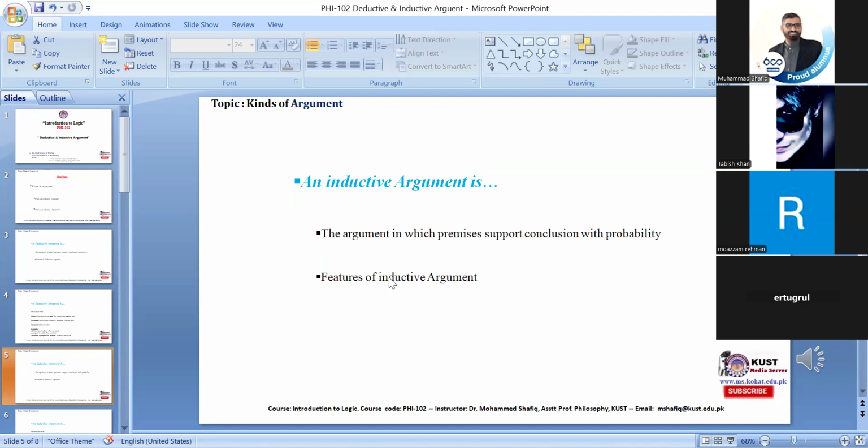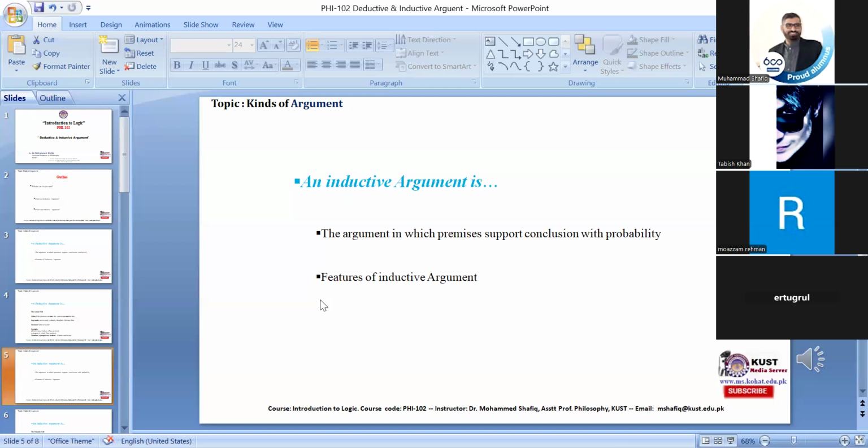The other features of inductive argument are unlike deductive argument. Inductive arguments start with particular facts and then draw a general conclusion. If I saw a student of Peshawar University and he was intelligent, and then I saw another student of Peshawar University and he was intelligent, and then I saw another and he was intelligent, then I conclude that therefore all students of Peshawar University are intelligent.